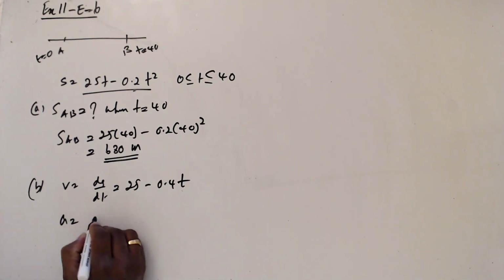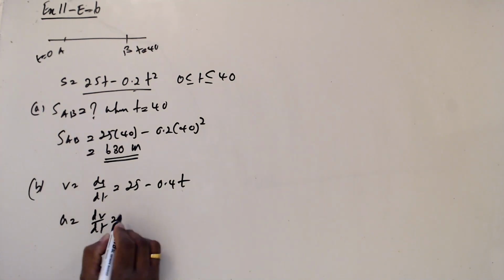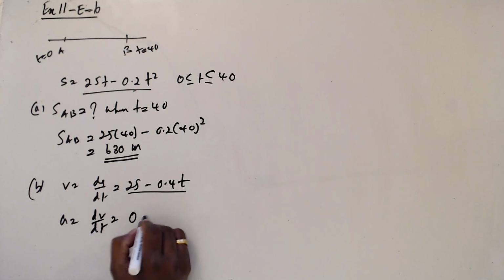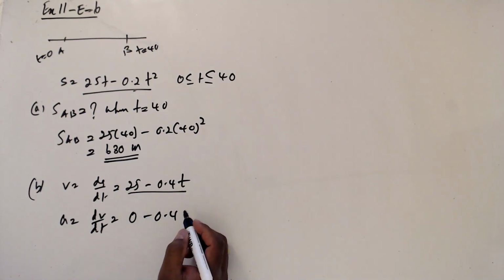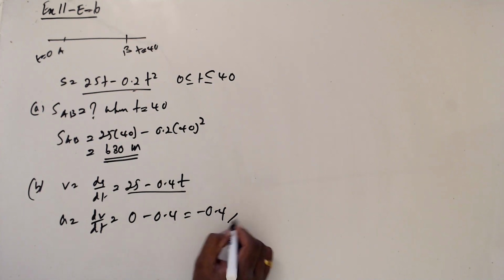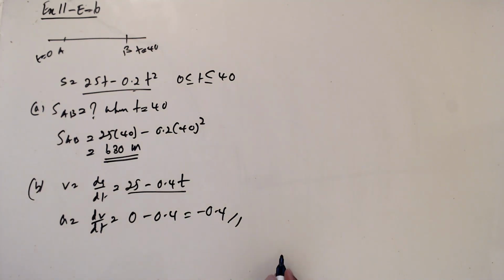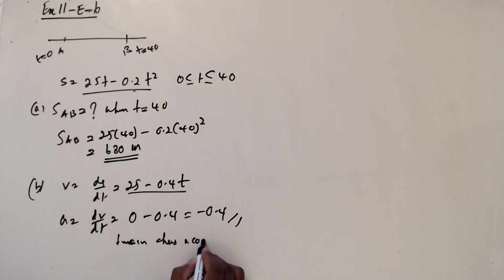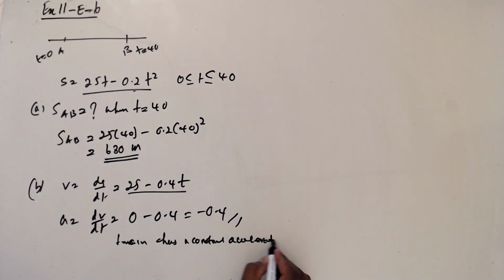And a equals dv over dt. So we'll differentiate this one. This is 0 minus 0.4. So the answer is minus 0.4. This is a constant acceleration. The train has a constant acceleration.